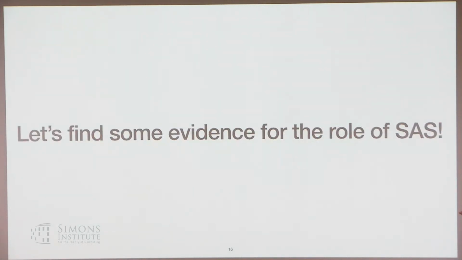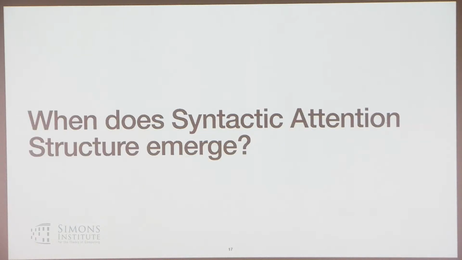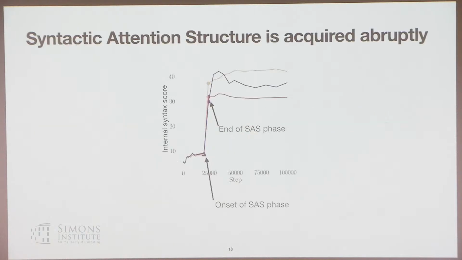Okay, so we're going to actually look for some evidence for the importance of this property of syntactic attention structure. And we're going to do it by looking at the training dynamics of this property. It turns out that this shows up extremely abruptly. This is absolutely one of these breakthrough behaviors that we're interested in.